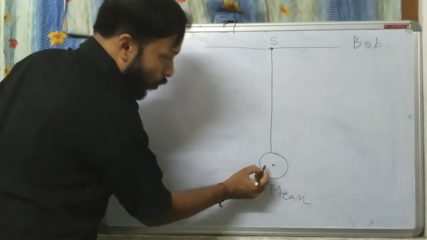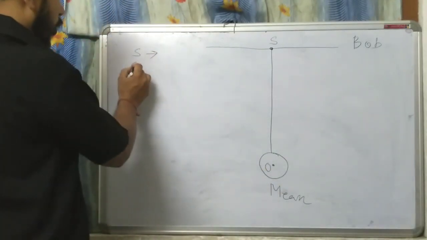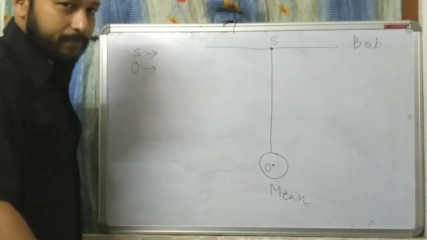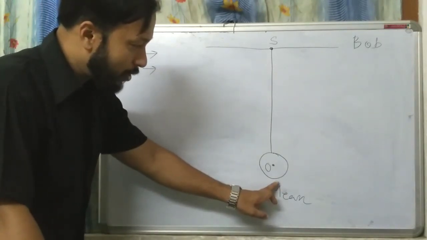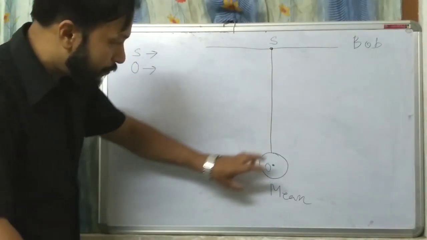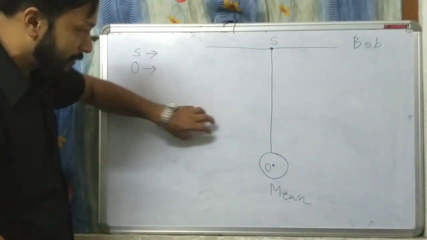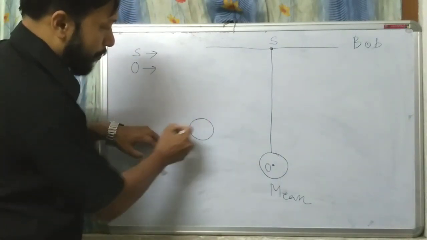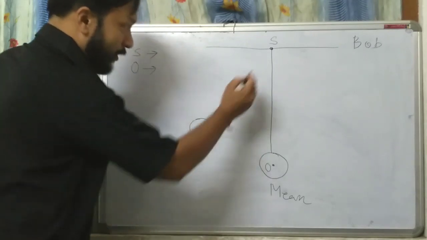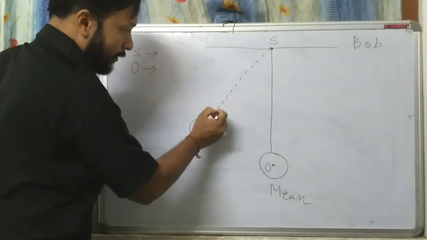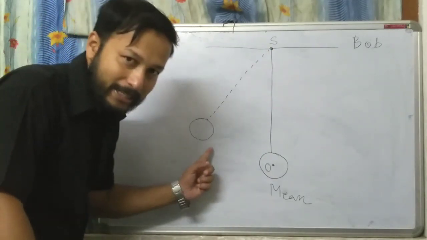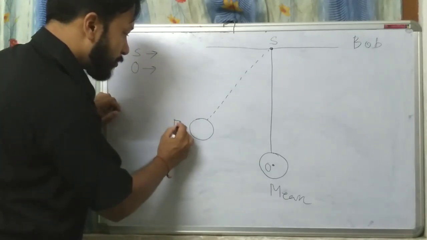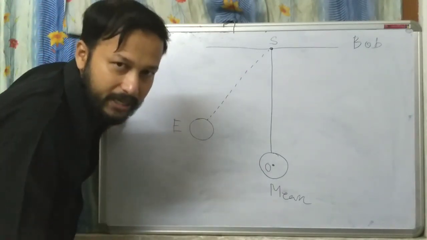So O is my point of oscillation. And this is called mean position. Now when you take the bob here, this is my extreme position, E.